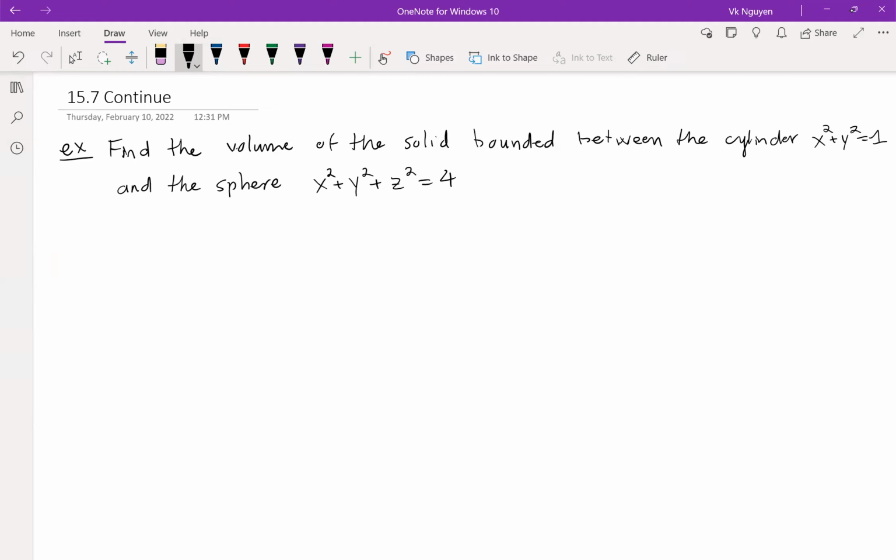Okay, you can draw this thing out. It's not that bad now. Okay, so you have, well, here's the cylinder x squared plus y squared equal 1, right?